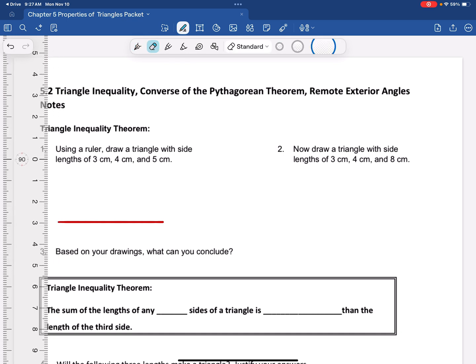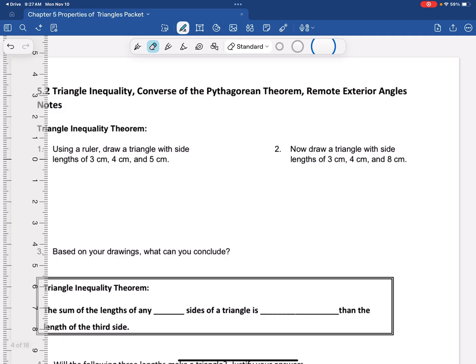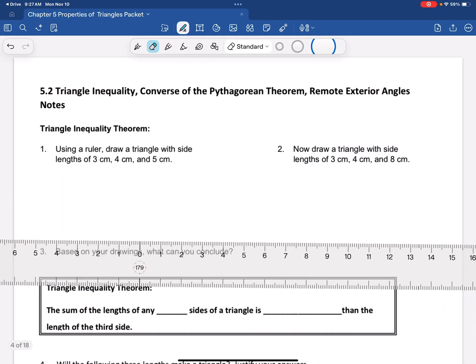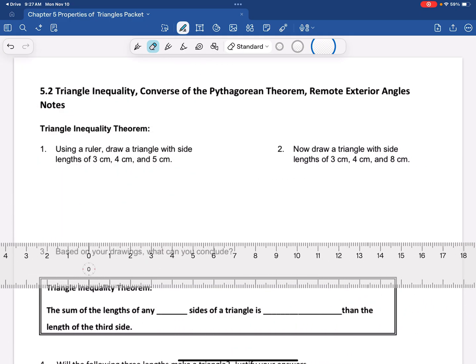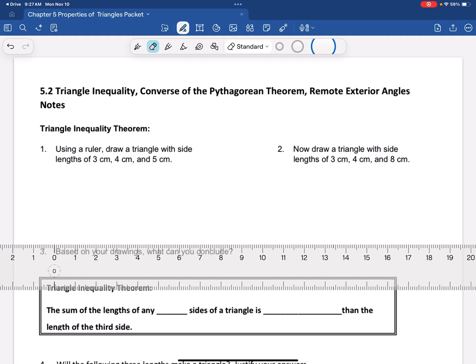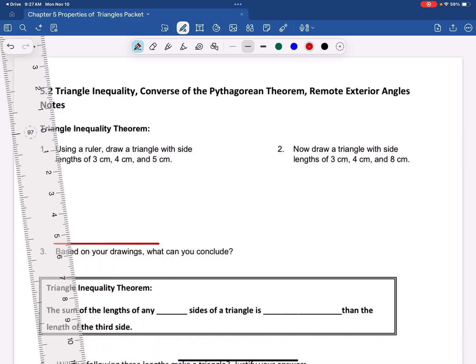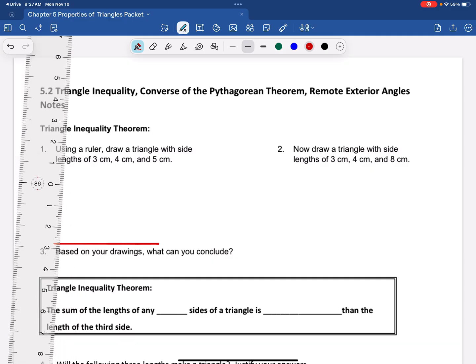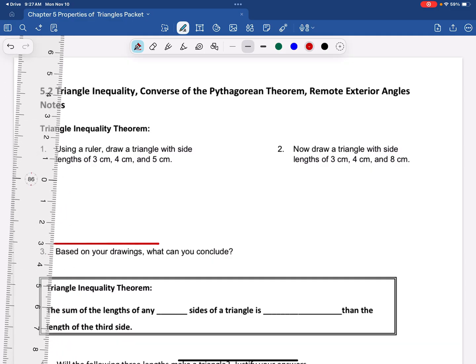Now my first side started off too tall, so let me start over again, and let me draw a line that's 5 units long. Then I'm going to turn this over here and draw one that's 3 units long.